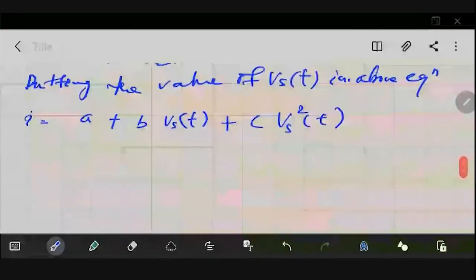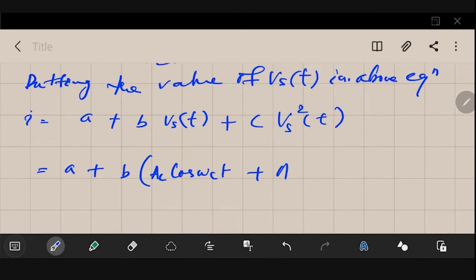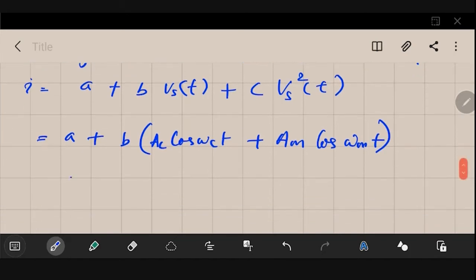Let me put the value of Vs of t in it. I will get A plus B, then we know that Vs of t is nothing but Ac cos omega ct plus Am cos omega mt. Now that plus C times Vs square of t.